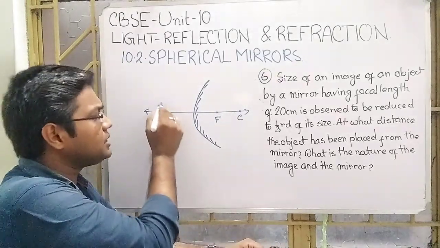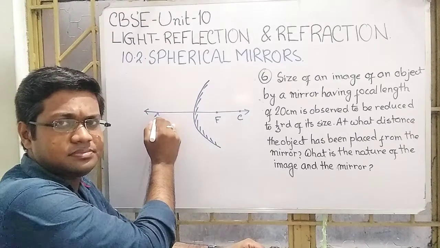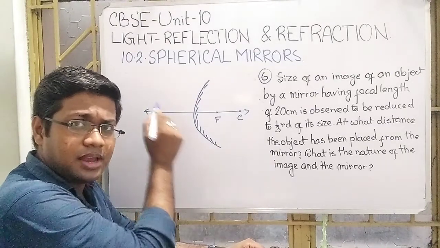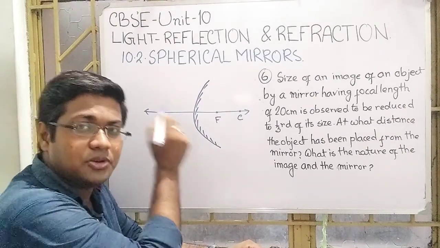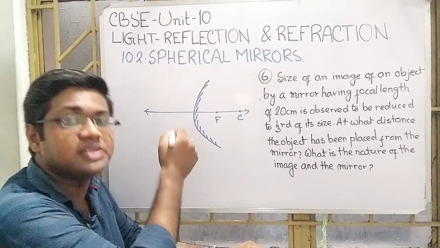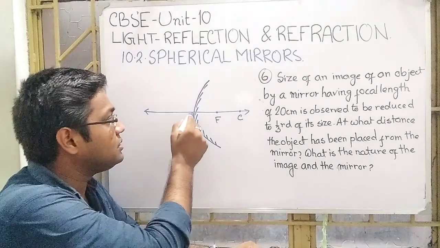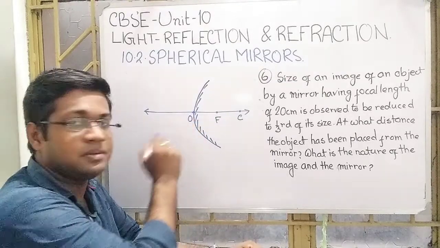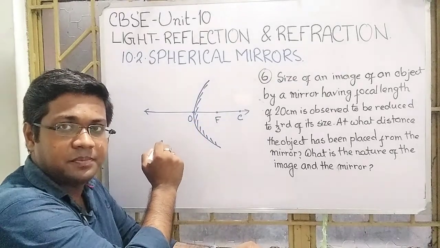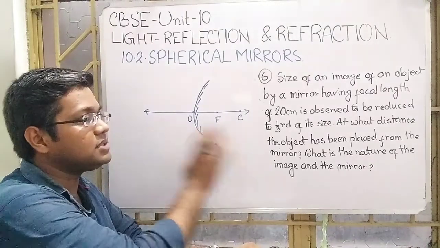Now if I place the object somewhere here, because you know that in case of a convex mirror there are only two sections, the object can be placed either at infinity or in between infinity and the pole. So where the object should be placed, that we are going to see.